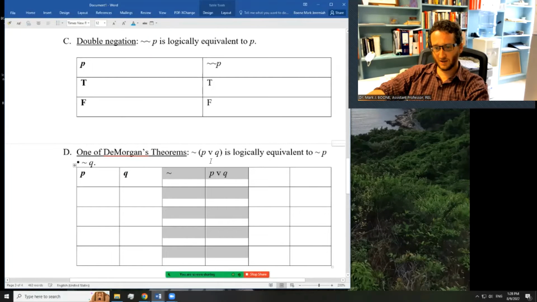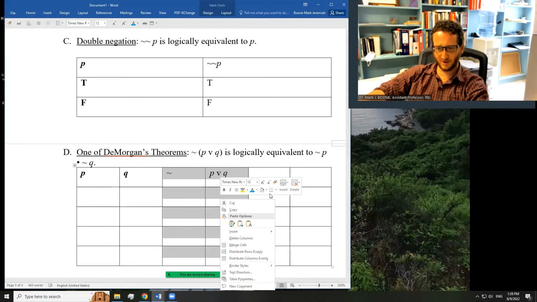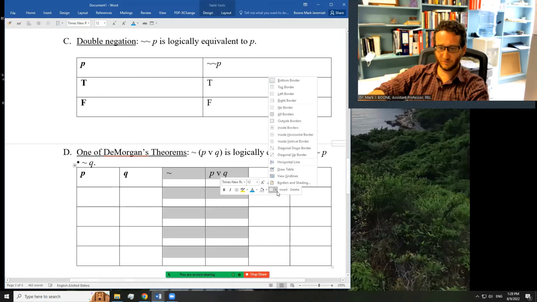Now, tilde P wedge Q, we have to understand these two go together. And without doing a little more work with Microsoft Excel, I don't think we can do the formatting here just right.